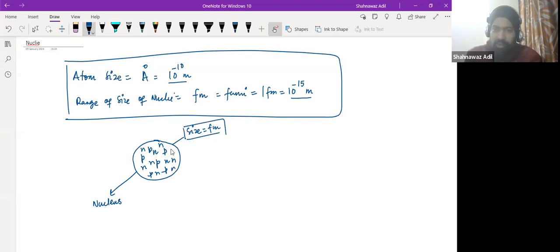And if you can tell me, these protons and these protons, how can they be together? What would be the force between proton and proton?